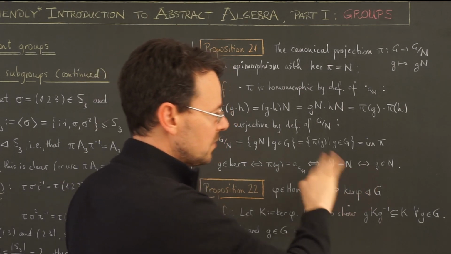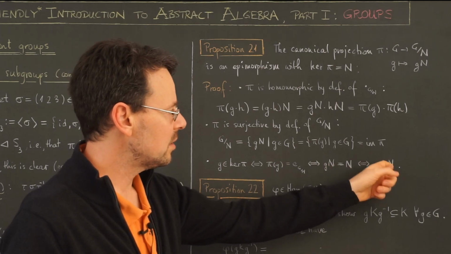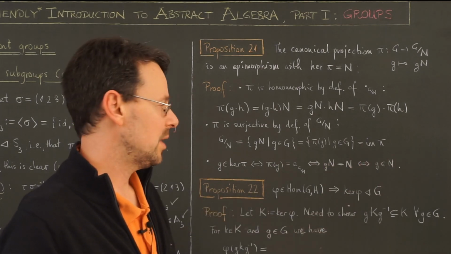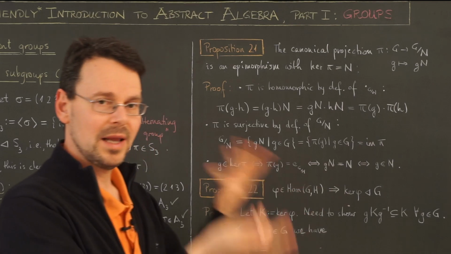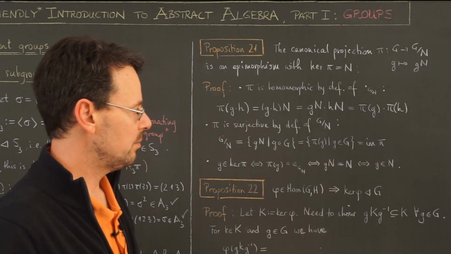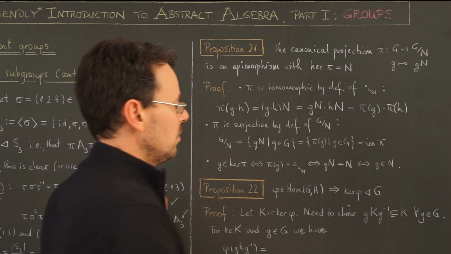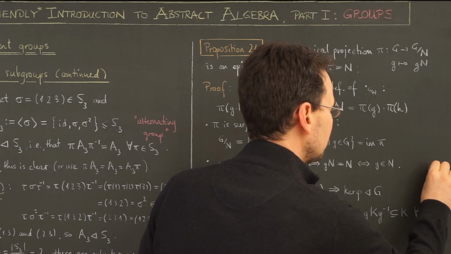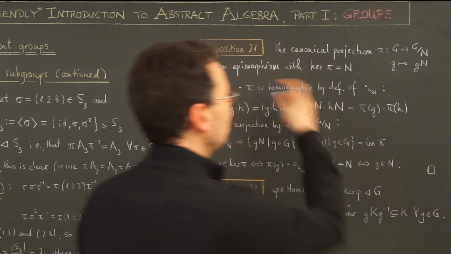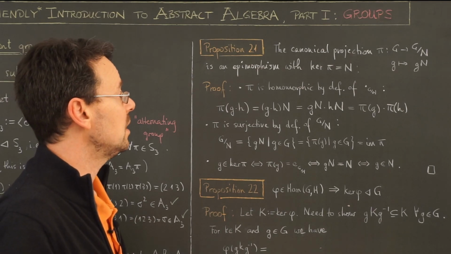And now we proved some time ago that this is equivalent to g being an element of N. Without the lemma we proved some time ago, this would still require a bit of work, but we use what we have proven before, and this concludes the proof that pi, the so-called canonical projection, is indeed an epimorphism with kernel N.